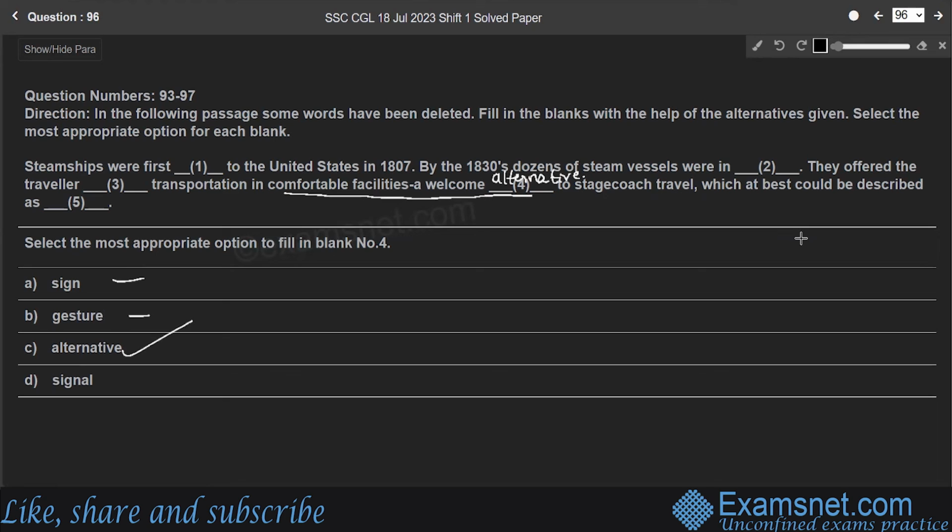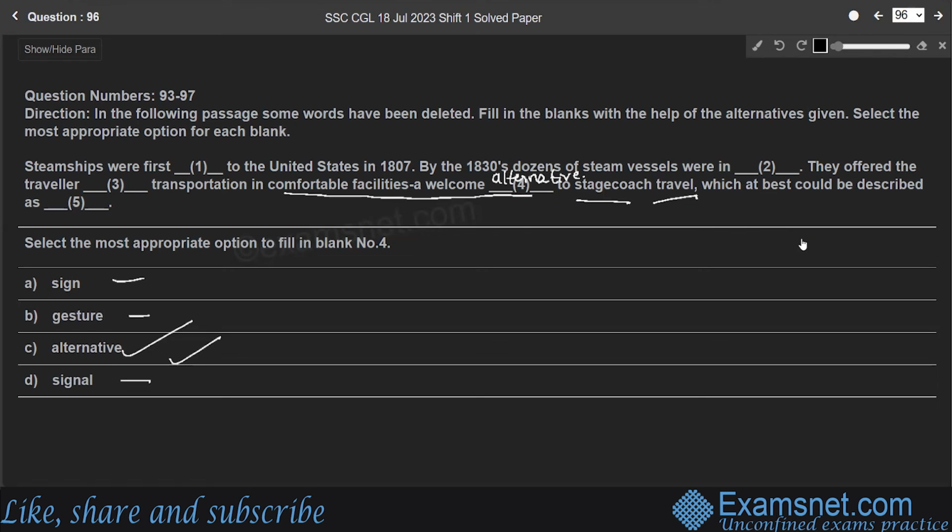Welcome sign is not the correct word. Gesture is also not. Signal is also not the correct word. Stagecoach is nothing but a large closed horse-drawn vehicle formerly used to carry passengers. Here the proper word is alternative to stagecoach travel.